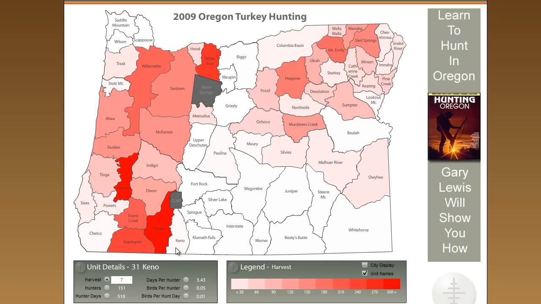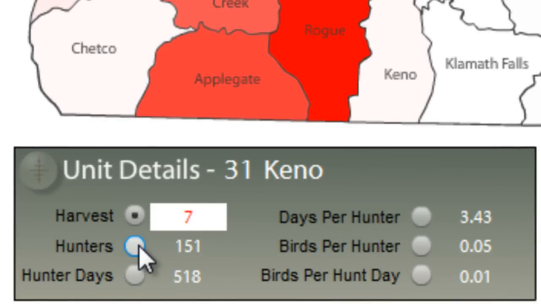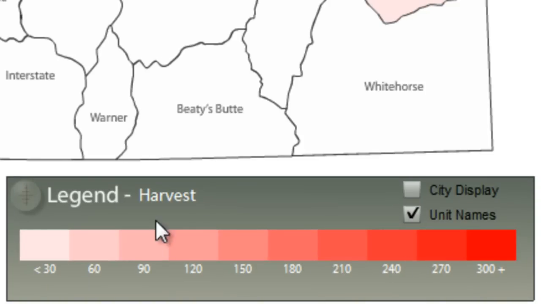First thing to note is down here at the bottom is basically how we're filtering the data. So we can look at harvest data, hunters, number of hunter days, the days per hunter, so each hunter how many days they hunted, as well as the birds per hunter and the birds per hunt day. Down here we've got a legend which displays when you first load up this app.